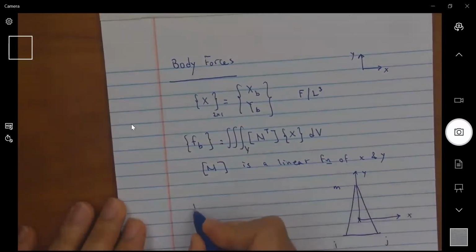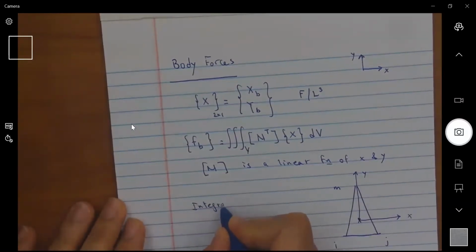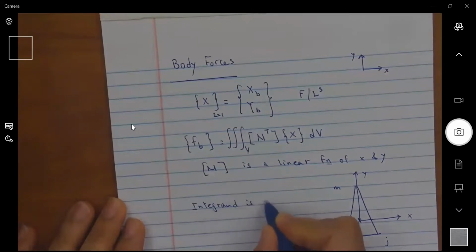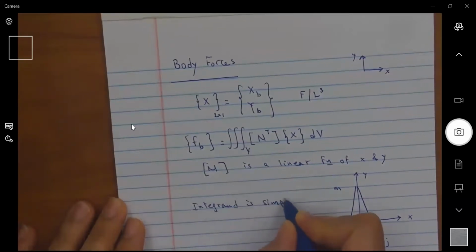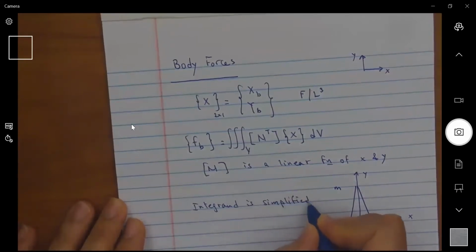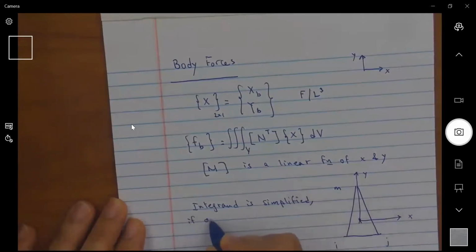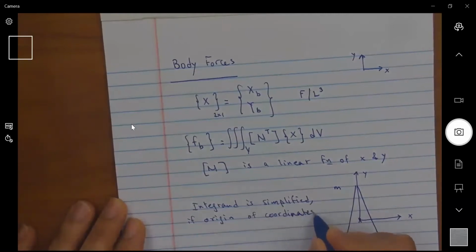Just a quick note here, the integrand is simplified if the origin of the coordinates is at the centroid of the element.